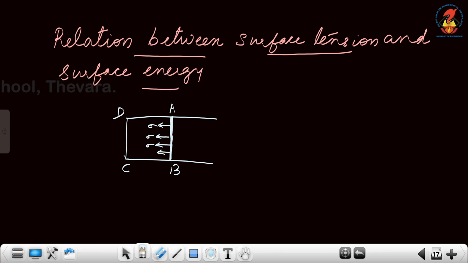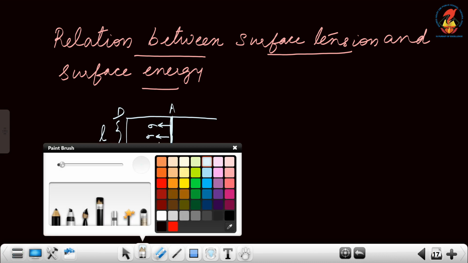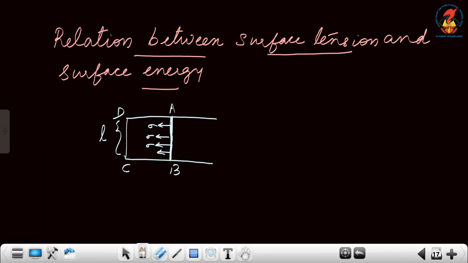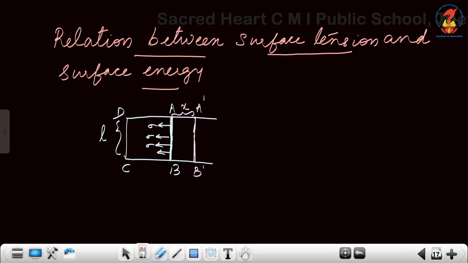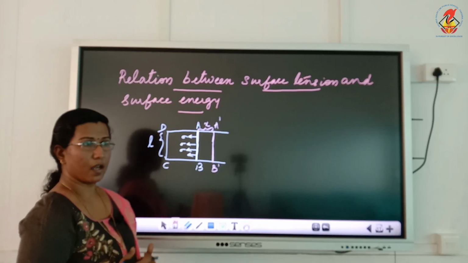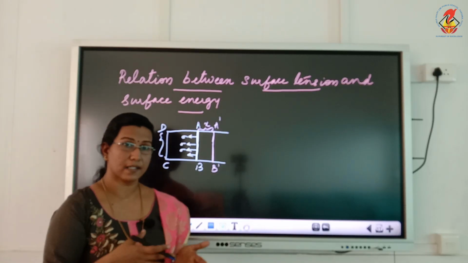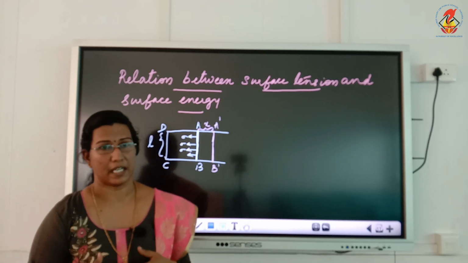Now the length of this side is taken as L. If I want to move this side AB through a distance x and make it come to the position A dash B dash, definitely I have to do some work against the surface tension. So we are going to find out the equation for surface tension and how it is related to surface energy.